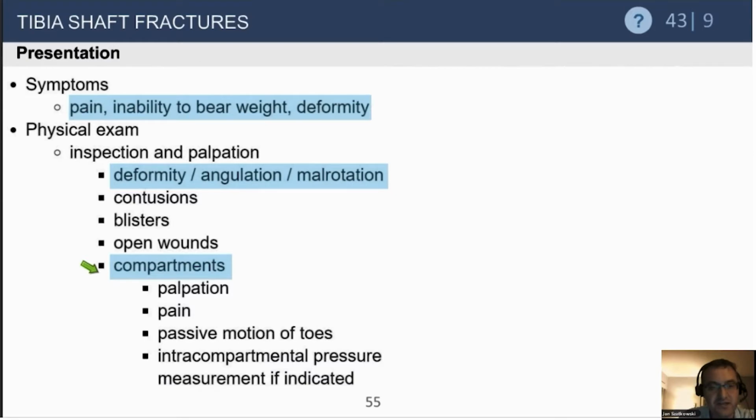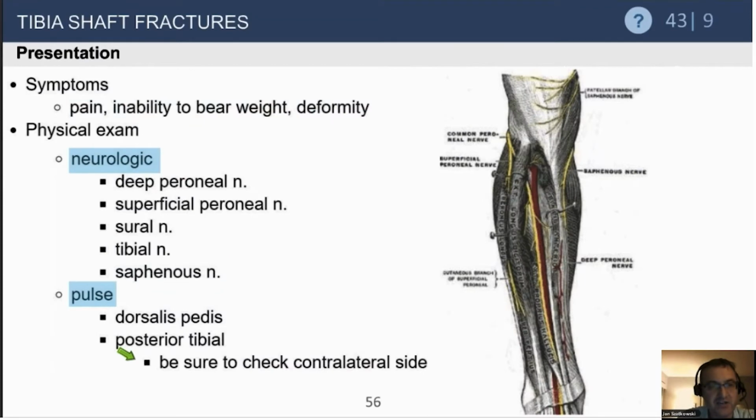Check compartments once again, whether it's proximal tibia, distal tibia, or tibial shaft. Palpate. Check if there's pain out of proportion, pain with passive motion of the toes, and if you're not sure clinically, check the pressures. Okay, make sure you know how to do this. But once again, if clinically it's compartment syndrome, the pressures do not need to be checked.